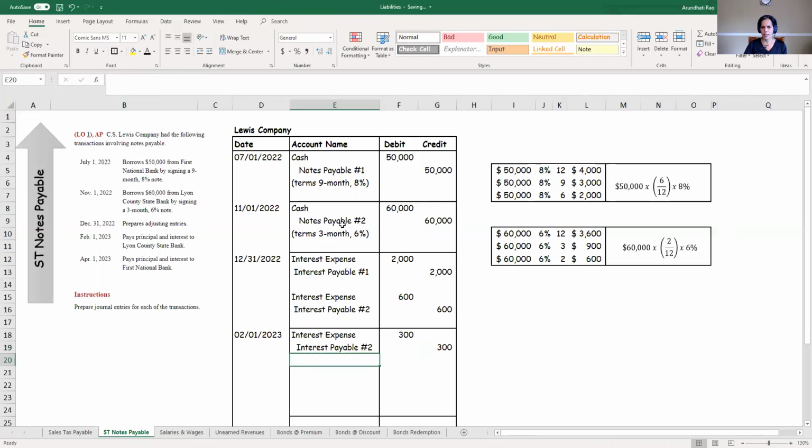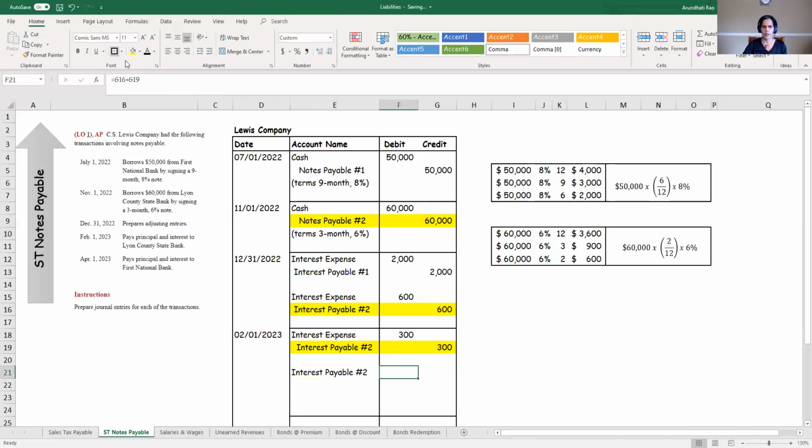Let me highlight these notes here so we can see which ones we're talking about. I'm going to put that in yellow. Note number 2, $60,000. Interest payable on note number 2 was $600. I accrued another $300 of interest. So what's the total amount I owe right now? I owe interest on the note, $600 and $300, so that's a total of $900.